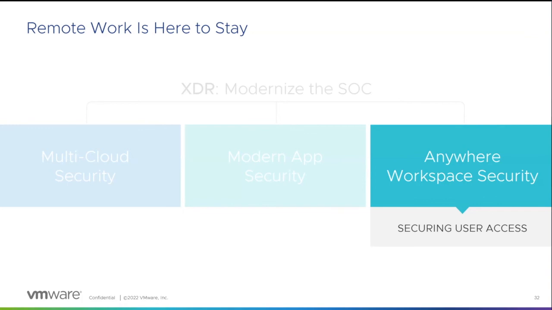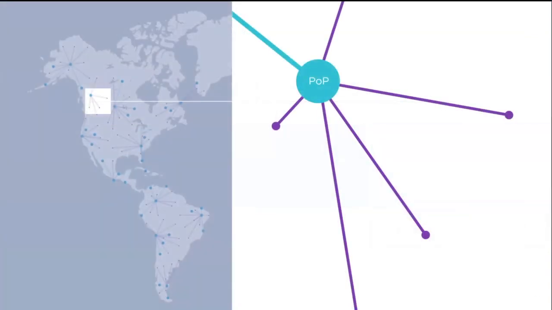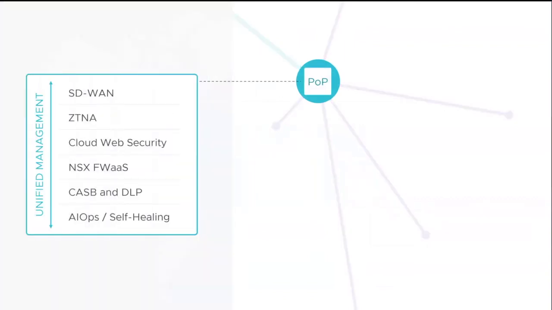So this is very much focusing on those remote workers or hybrid working, because as I said, that's here to stay. So what we've done at VMware to help with these remote workers is we've taken the services that used to be in the DMZ and we've distributed them in 150 POPs around the world.